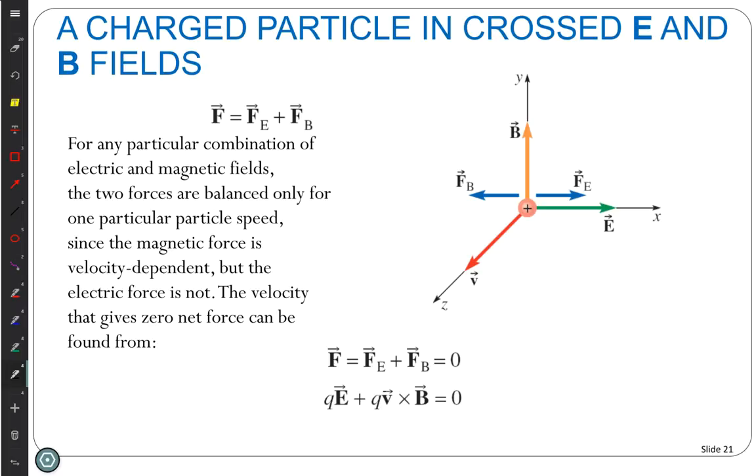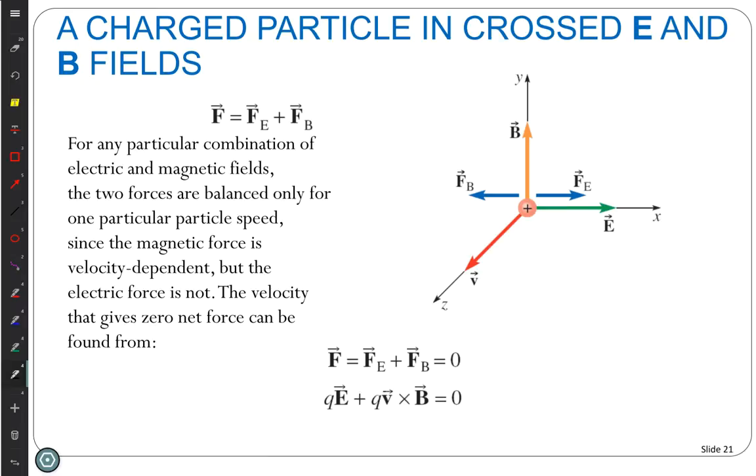Okay, final thing for today. If I have a charged particle moving in both an electric field and a magnetic field, I will have a force through the electric field and a force through the magnetic field, just like we saw when we did the problem previously.